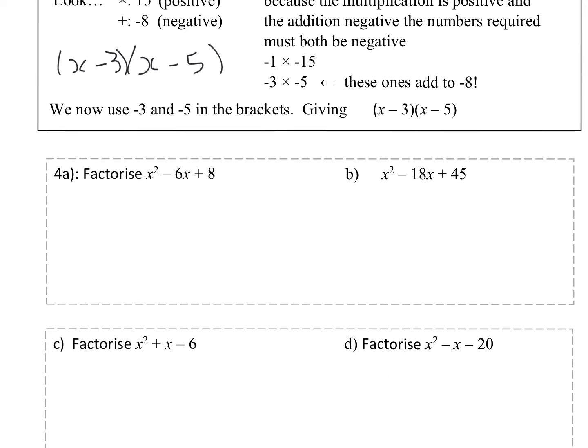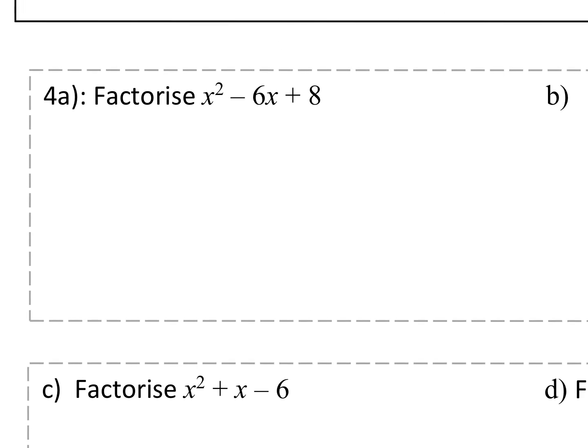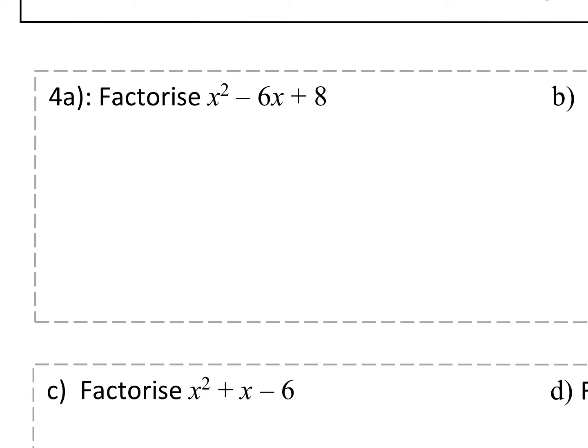If that helps, then you can have a go now at example 4. So part A, we have to factorize x squared minus 6x plus 8. So identify the quadratic. I know it's going to be x times x to give x squared, and I'm looking for two numbers which times to give the end, 8, and add to give the middle, which is minus 6.